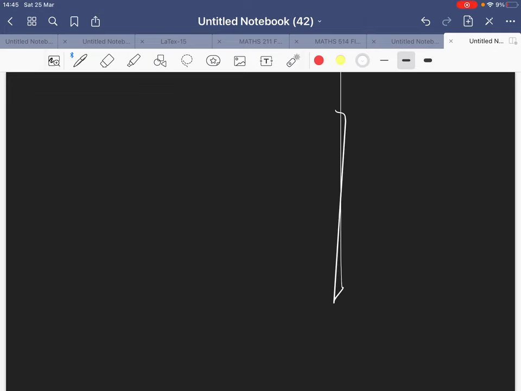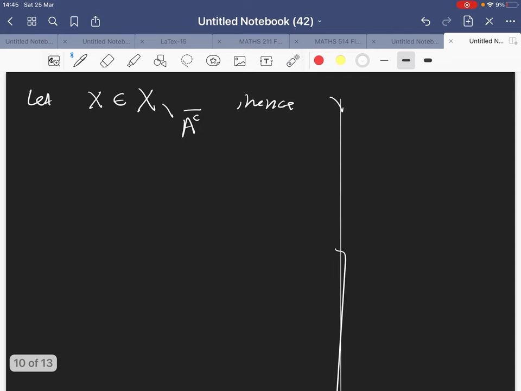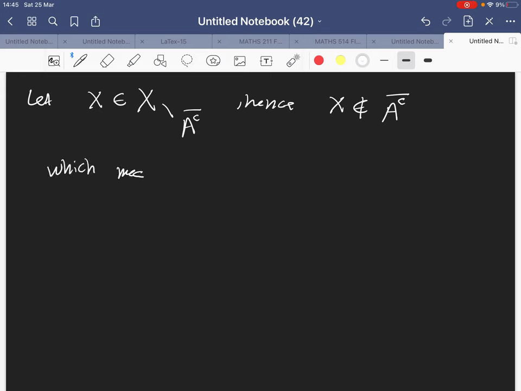Hence, X is not in the closure of the complement, which means X is not a limit point and X belongs to A. Because something not in the closure means it's not in the A complement or a limit point of the A complement.